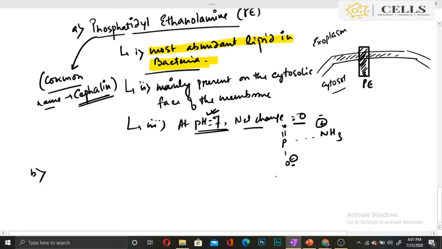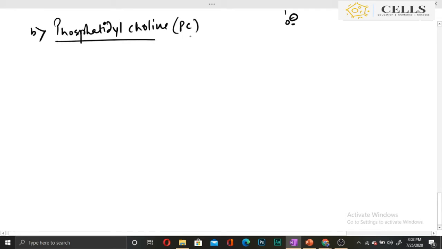The next type of phospholipid is phosphatidyl choline. In short, we can write it PC. They have a group like this, CH3, CH3, CH3.